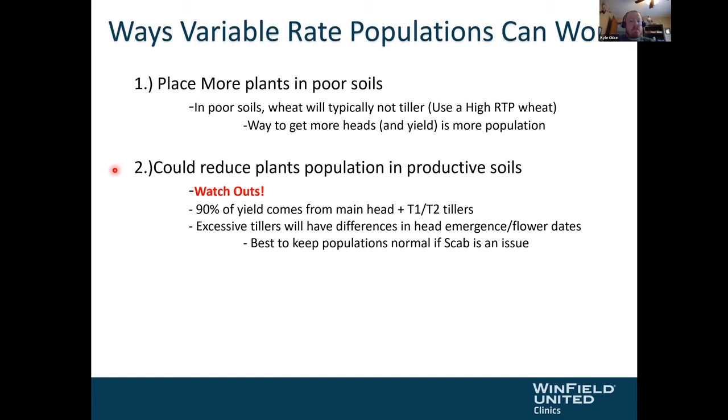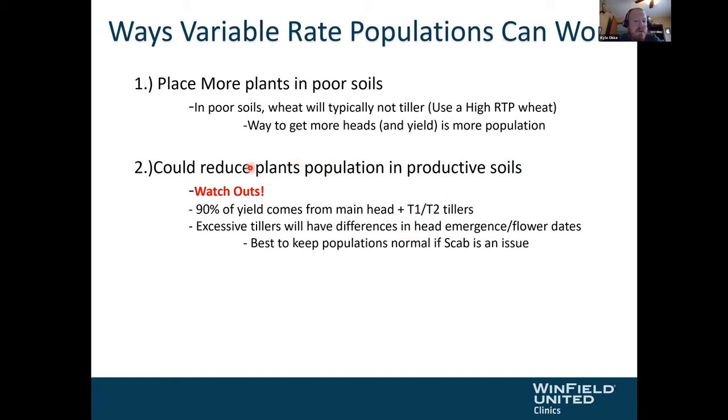If you place more plants in poor soils, because in poor soils wheat typically isn't going to tiller anyways, and you utilize a high RTP variety, something that handles stress really well, you could get more heads and essentially more yield in those poorer areas.